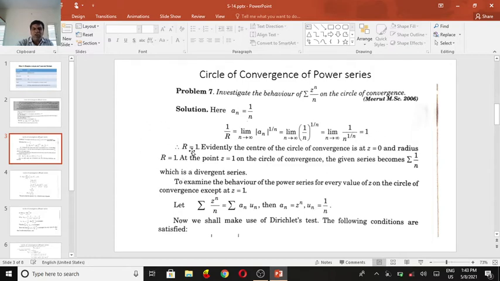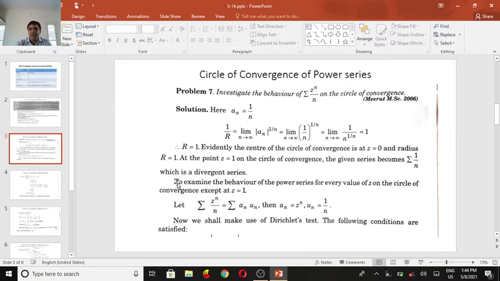So r is equal to 1, which is finite, and evidently the center of the circle of convergence is at z equal to 0 and the radius r equals 1. At the point z equal to 1 on the circle of convergence, the given series becomes summation 1 by n, which is a divergent series. We know from sequences and series that summation 1 by n is a divergent series. Now we examine the behavior of the power series for every value of z on the circle of convergence except at z equal to 1.